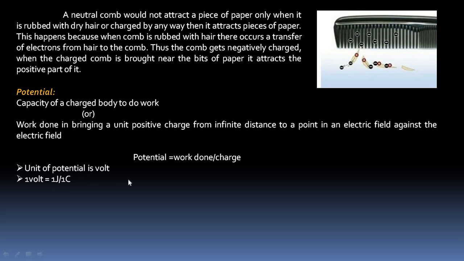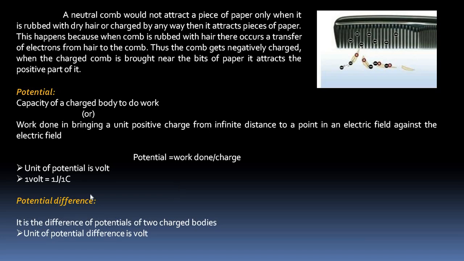So 1 volt is equal to 1 joule per 1 coulomb. Next, potential difference. As the name indicates, it is the difference of potentials of two charged bodies. The unit of potential difference is also volts, because volts minus volts gives volts only.